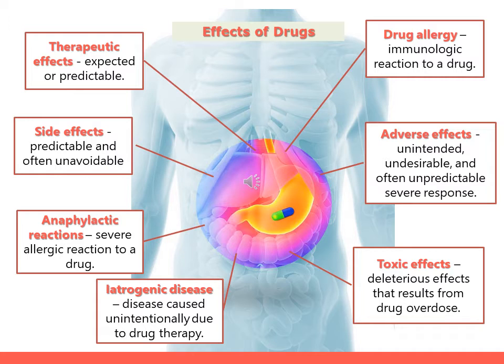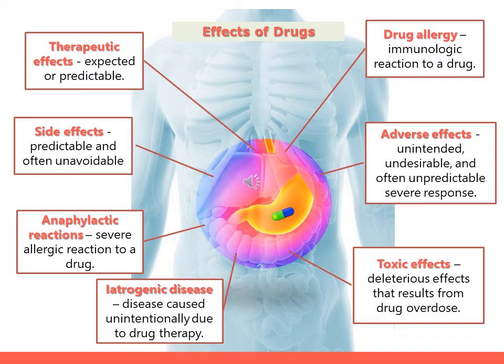We also have iatrogenic disease. Okay? Iatrogenic diseases are diseases caused unintentionally due to drug therapy. If your patient is receiving medications or drugs for a long period of time, she might develop other diseases because of the medication itself. I'll give you an example.